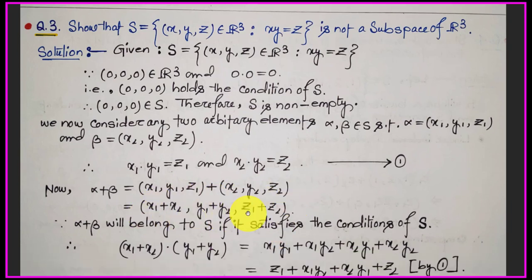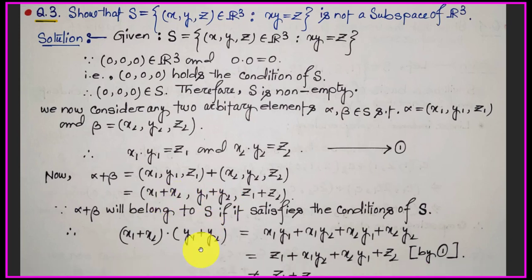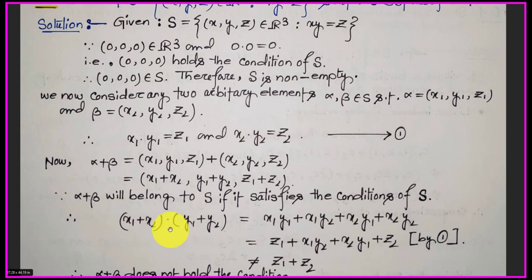Now we have to verify whether this element satisfies the given condition: xy equals z. Here x is x1 plus x2 and y is y1 plus y2. Now we take the product of these two, that is (x1 plus x2) into (y1 plus y2), which is x1 y1 plus x2 y2 plus x1 y2 plus x2 y1. So this is our product.